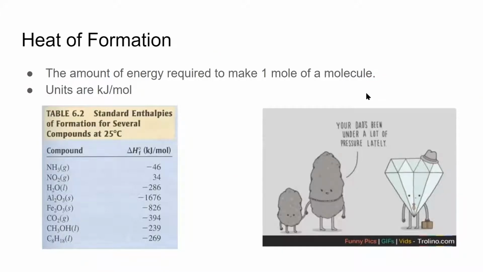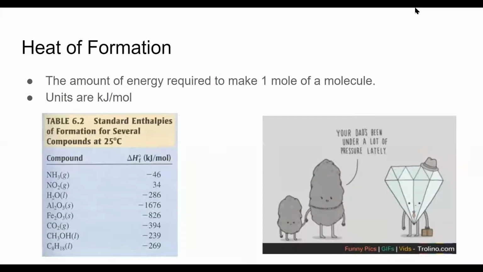So the definition of heat of formation is the amount of energy required to make 1 mole of a molecule. And the units are typically in kilojoules per mole. On the left right here are examples of the standard enthalpies, or standard heats of formation, for several different compounds at a given temperature. Do note that changing the temperature does change the amount of energy.